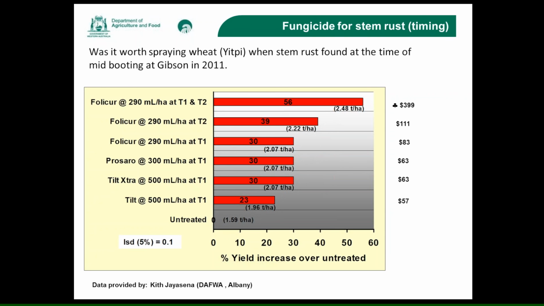Whilst I'm not suggesting that we need to be definitely spraying twice on these crops, what this is telling us is that in a susceptible variety, a significant amount of damage is occurring even if the rust is detected at flag leaf before the head is out, and there is a benefit to be had from applying fungicide at that time and then reassessing 2 or 3 weeks later to see if the rust is progressing within the canopy. And again, I'll just make that point, this is one of those trials that just indicates a small difference between propiconazole and other products.